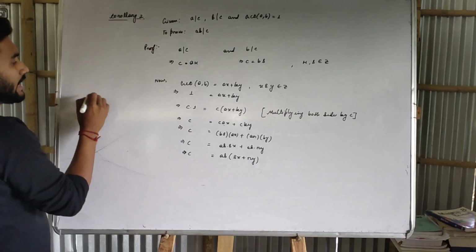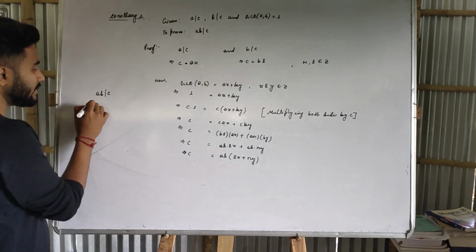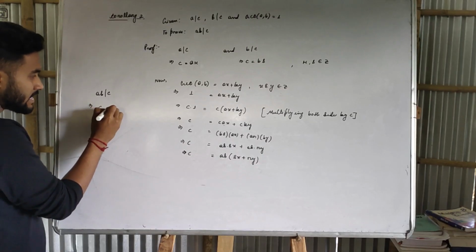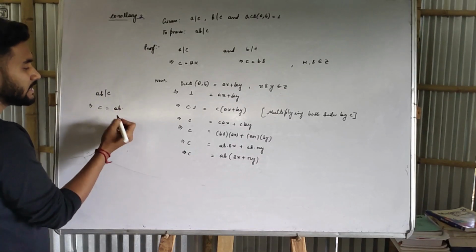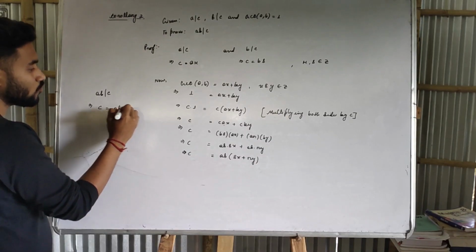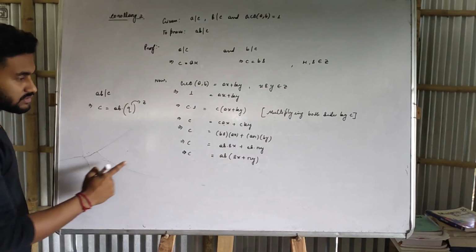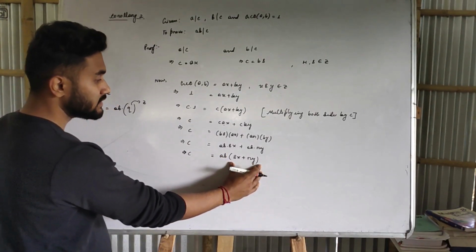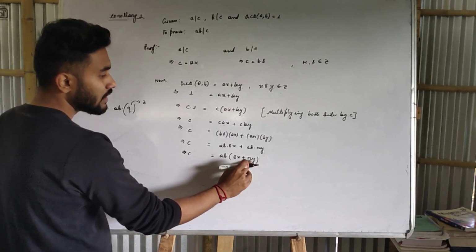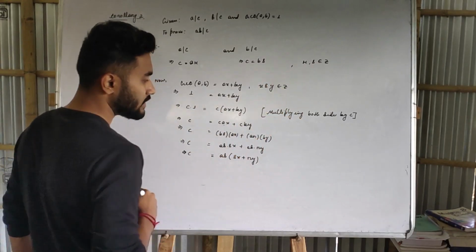So I need to prove AB divides C. When AB divides C, again, this is the dividend, this is the divisor, so dividend is equal to divisor into some quotient, and this quotient has to be an integer. So you see, dividend is equal to divisor into quotient, and this is an integer, because S, R, X, Y are all integers.